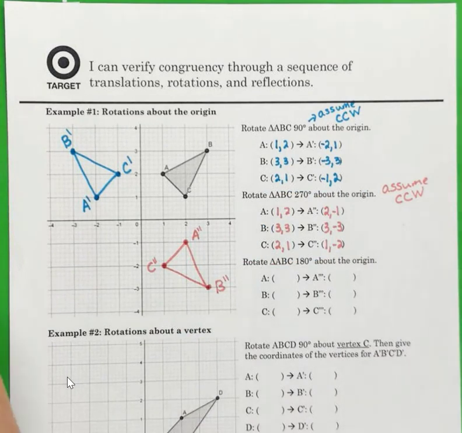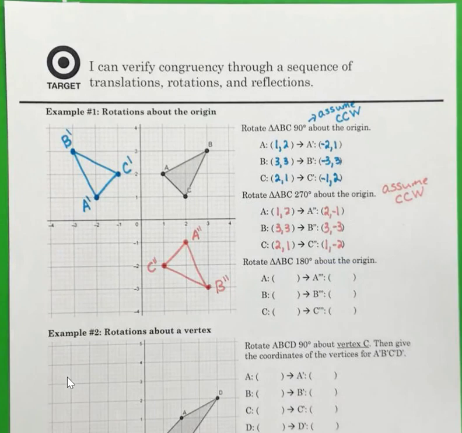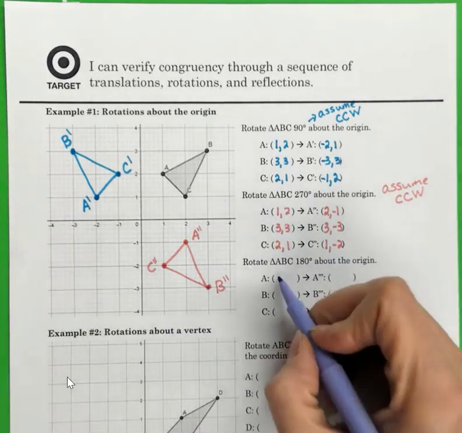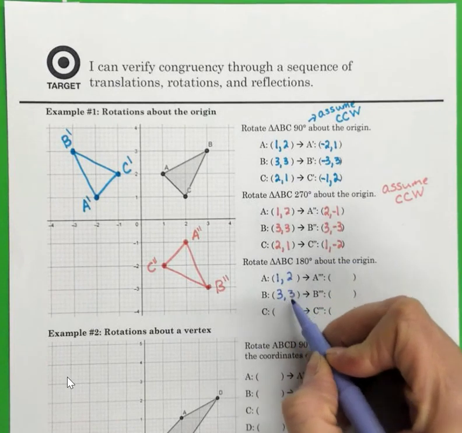And then lastly, we are asked to rotate our original pre-image triangle ABC 180 degrees about the origin. It does not matter which direction, although since it does not say, we would assume counterclockwise. We're going to be using our same original points, (1, 2), (3, 3), (2, 1).